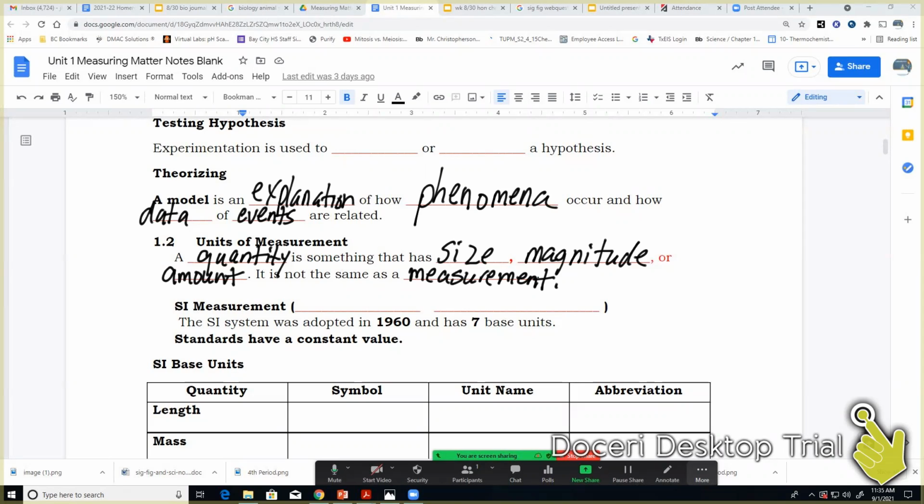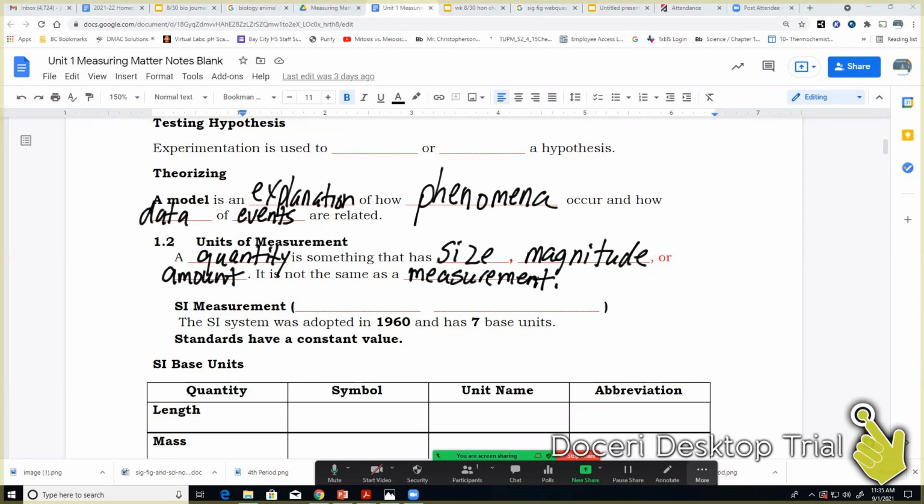In math class, you may use 100 to do some kind of calculation, but in a science class, 100 doesn't mean anything. Is it 100 meters, 100 grams, 100 seconds? So you have to have that unit attached to it so you'll know what kind of measurement was taken.